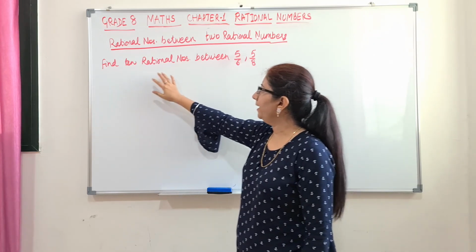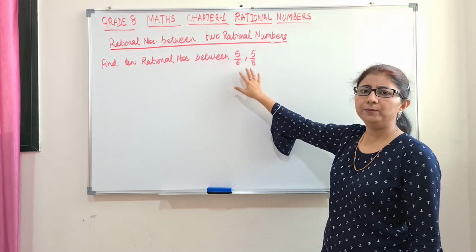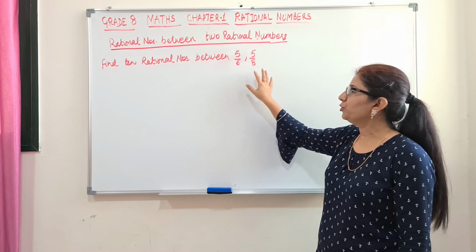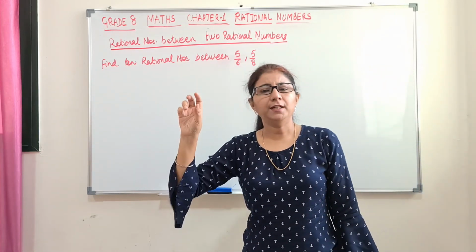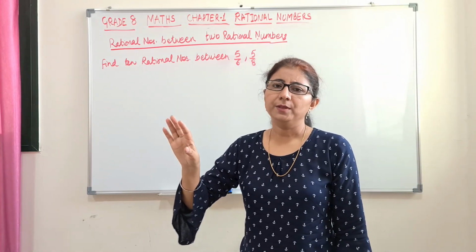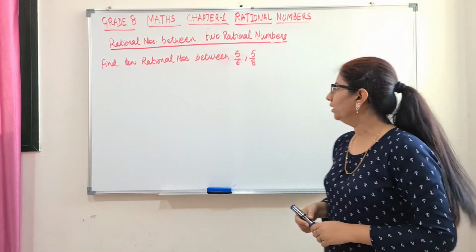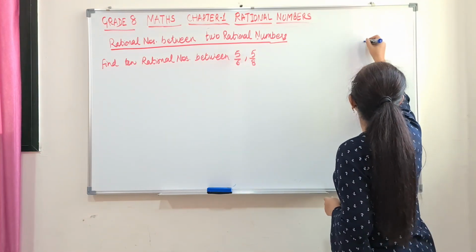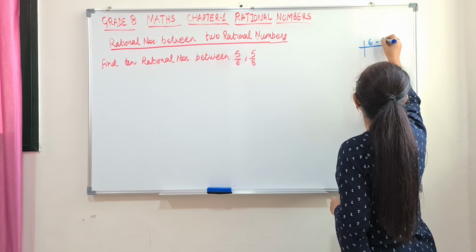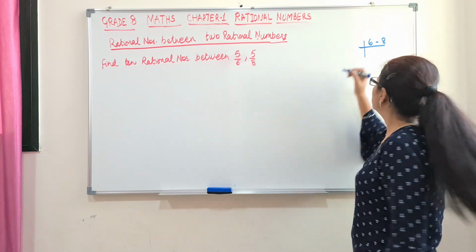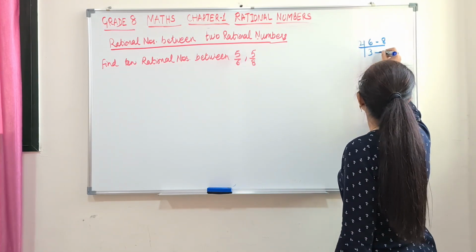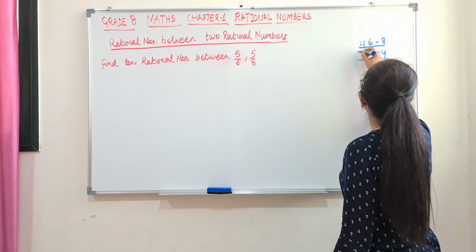Here the question is: find 10 rational numbers between 5 by 6 and 5 by 8. What should be your first step? Take the LCM of the denominators of the two given rational numbers and then solve accordingly. Here the LCM of 6 and 8 is required. So it will go in the table of 2 as 3 and 4. Then again 2.